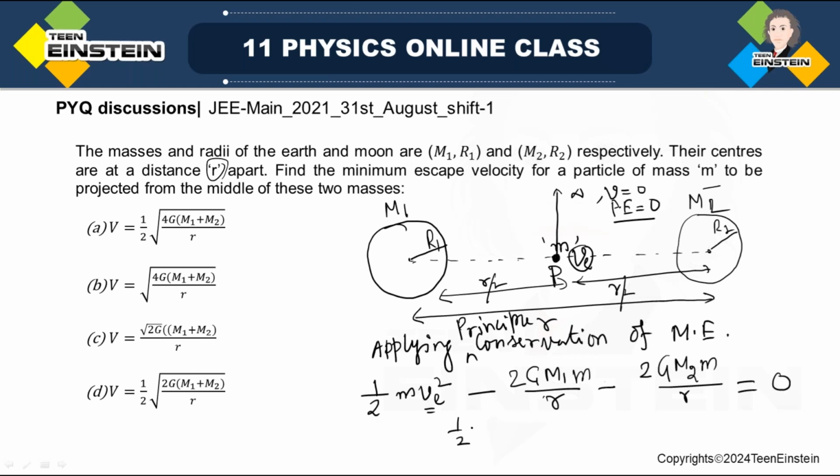So half m VE squared here, and on the right hand side I can write this as G small m by r. Let us take that common. 2 G small m by r common, and this will be m1 plus m2, right? Now further, this small m I can cancel from both sides.